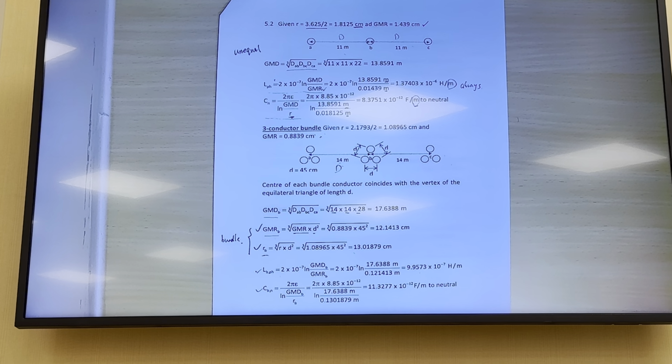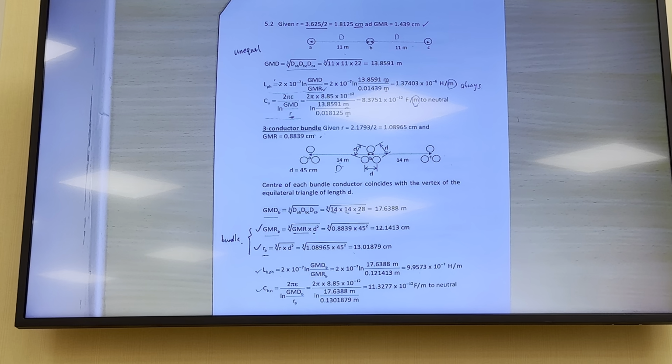And what will be the new L and C? We just recalculate, right? GMD will be the same formula, cube root of the product of the three distances. But now D is no longer 11, D becomes 14, as the question tells you. So 14 times 14 times 28. This is your new GMD.